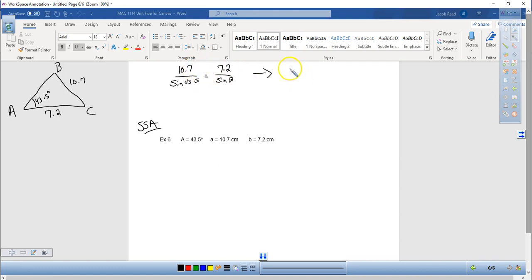We have that the measure of angle B is, multiply and divide, the sine inverse of 7.2 sine 43.5, and then on the bottom will be 10.7. And we'll type that in real quick. You get 27.59.